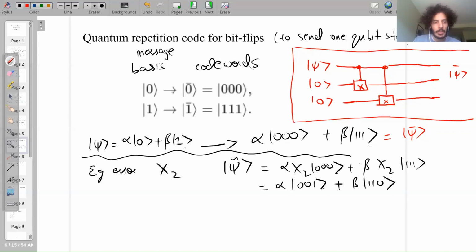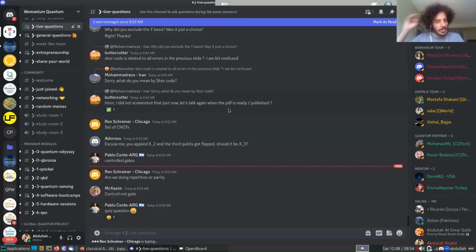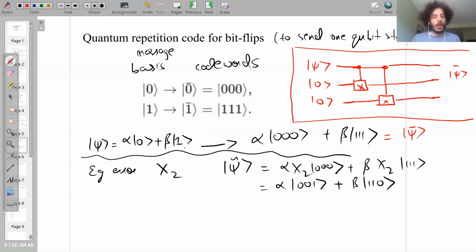So you get 111. This basis transformation works, and obviously the linear combination of that basis transformation will also work. So you get alpha 000 plus beta 111. This is a very simple circuit that achieves this.